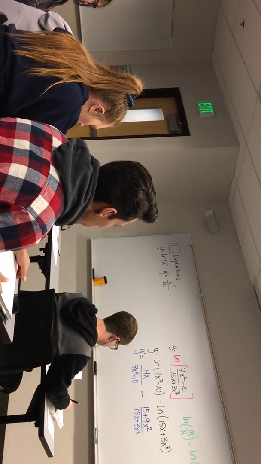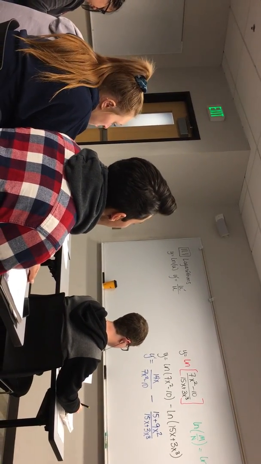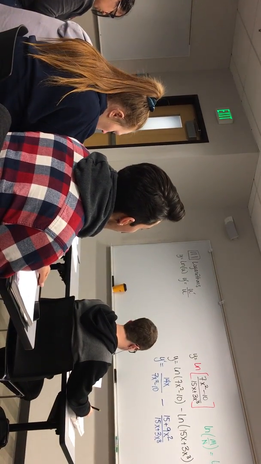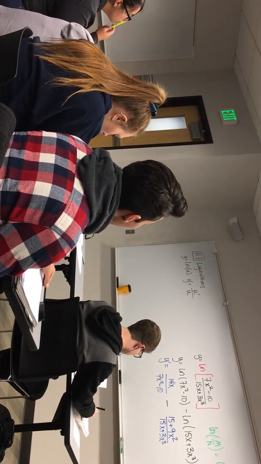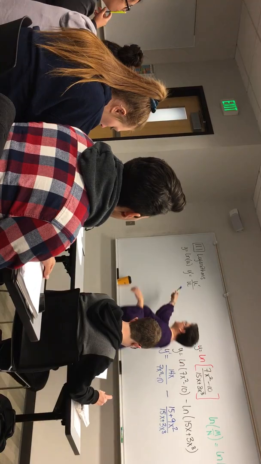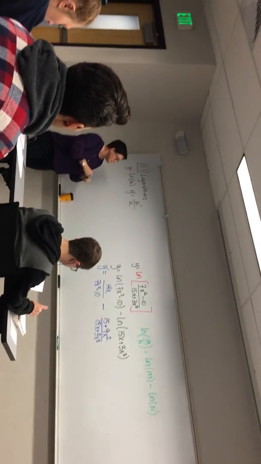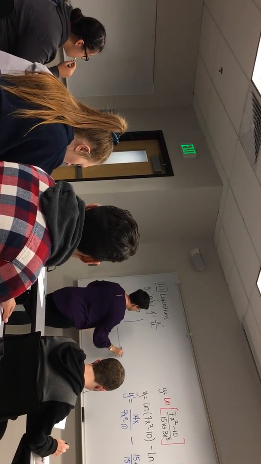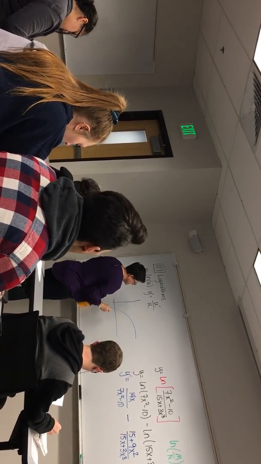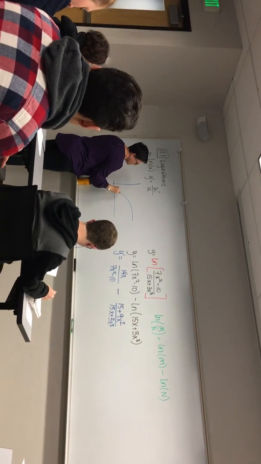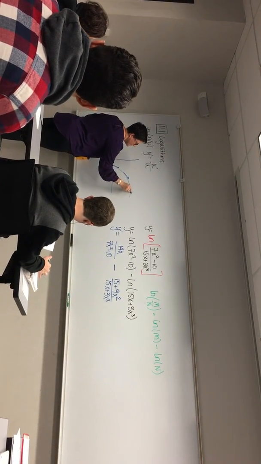U prime v minus uv prime over v squared, all over that thing? So you leave out the ln's when you do that. It's not part of the derivative. Look, it disappears. And the reason it disappears, guys, who missed last time, is the slope of the natural log is tied to the x value.